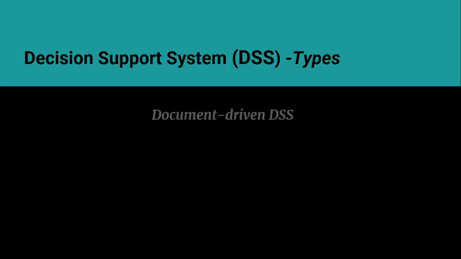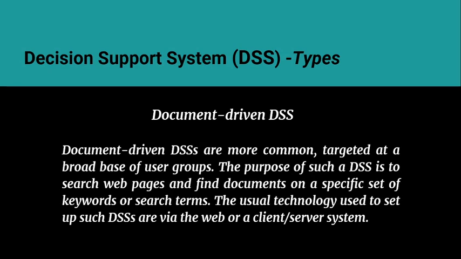Next, the third one, the document-driven decision support system. These are more common and are targeted at a broad base of user groups. The purpose of this type of document-driven DSS is to search web pages and find documents based on a specific set of keywords or search terms.